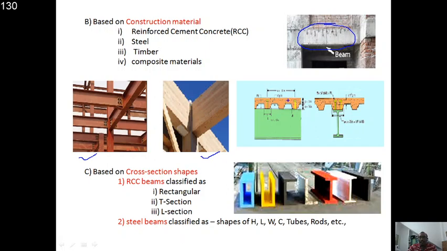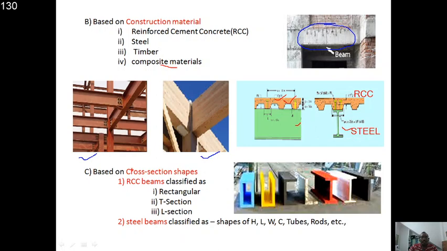For example, a steel girder at the top and another steel girder below it. Or if it is RCC on the top, with a steel girder below it, right? This type of combination is known as composite materials.